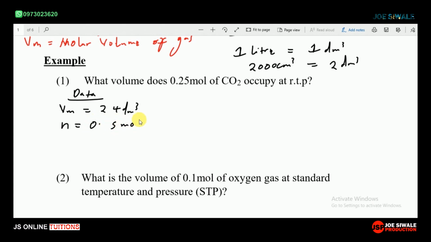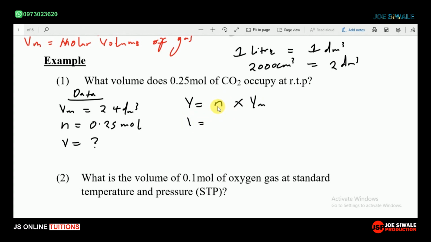Then we have been told to calculate the volume, so the volume we don't know. And we know that the formula for volume is equal to number of moles multiplied by the molar volume.